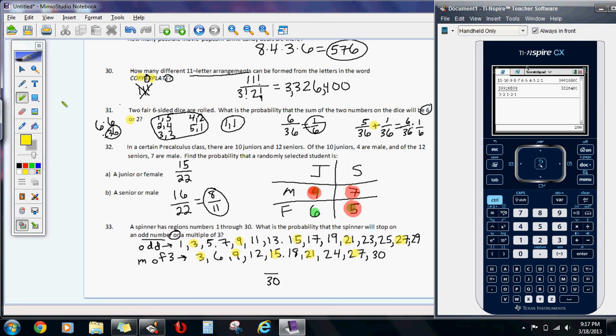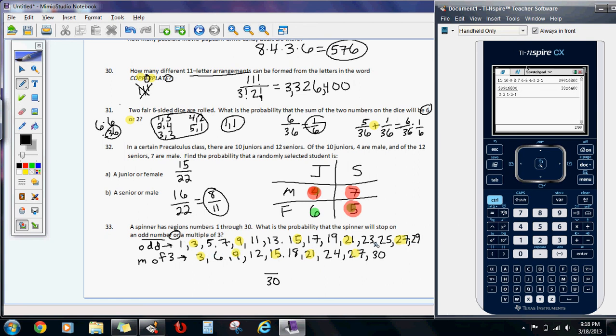Each teacher will teach this differently, but I like to look at all those odds. All of the odds up there, that's 15. I have 15 successes up there. And then just count all the successes down here on the bottom that were not already counted in the top. So I'm not going to count anything in yellow on the bottom again because I already accounted for it at the top.